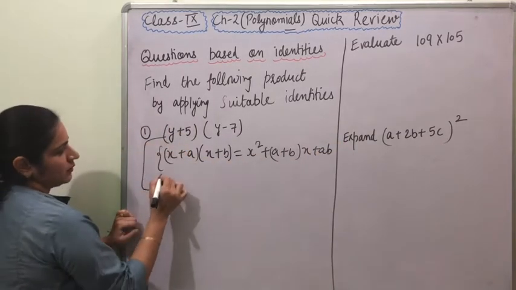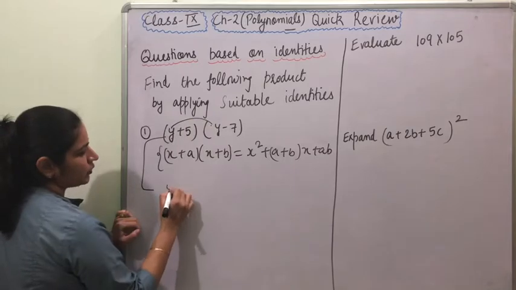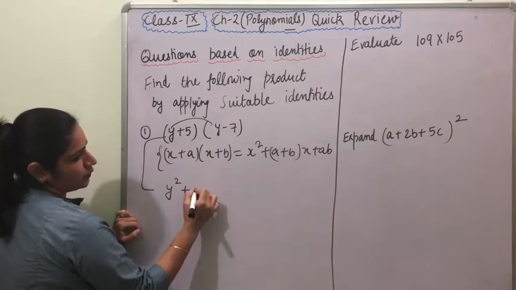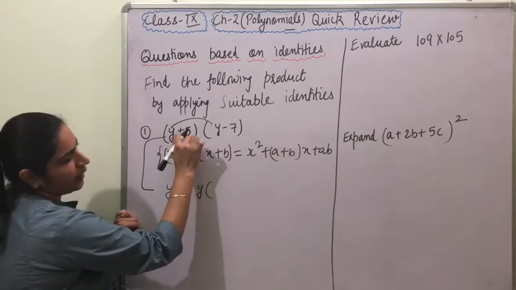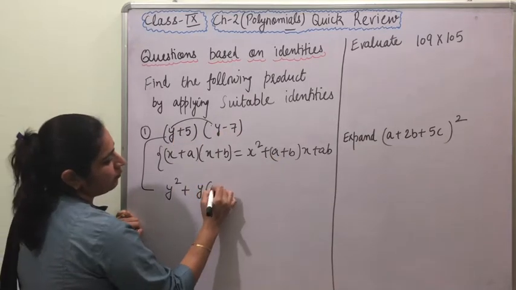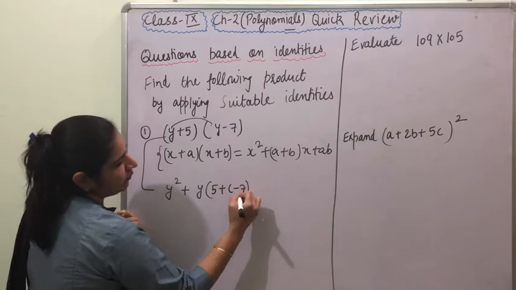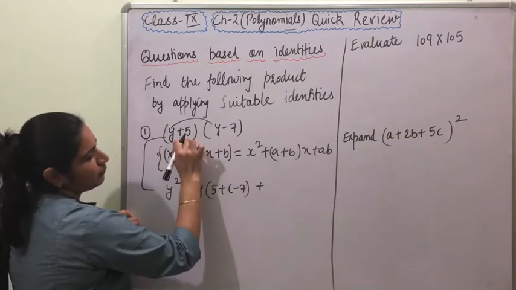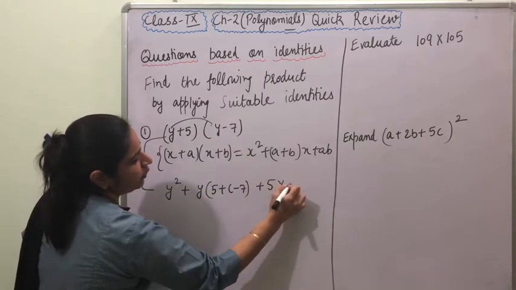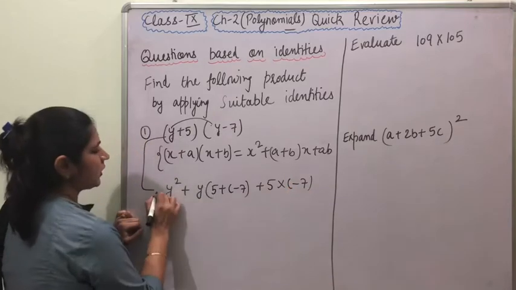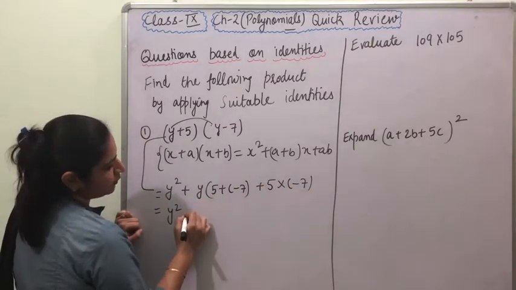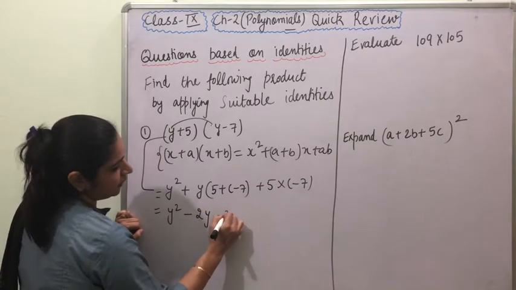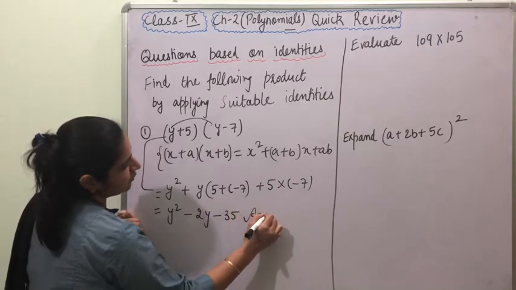So it is equal to y square plus y into (a + b), where a is 5 and b is minus 7. 5 plus minus 7 is minus 2, and ab means the product of these two terms, 5 into minus 7, which is minus 35. So y square minus 2y minus 35 is the answer.